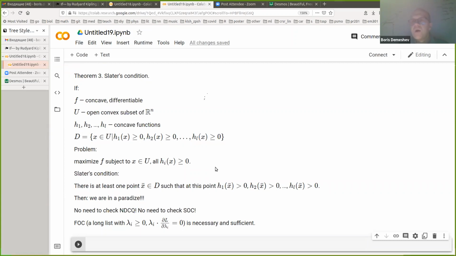Okay, any questions about theorem number 3, about Slater's condition?